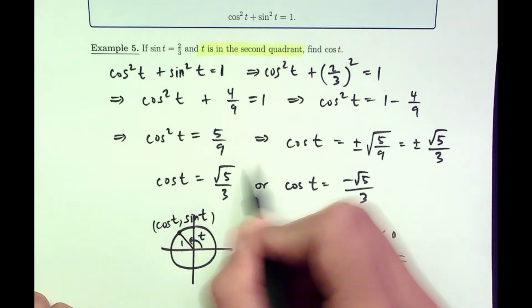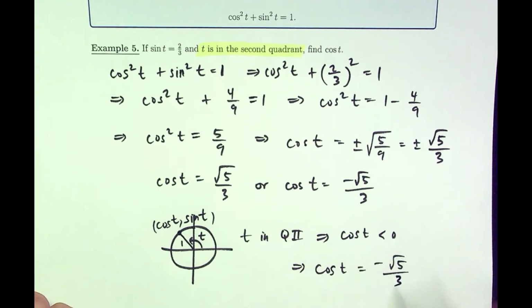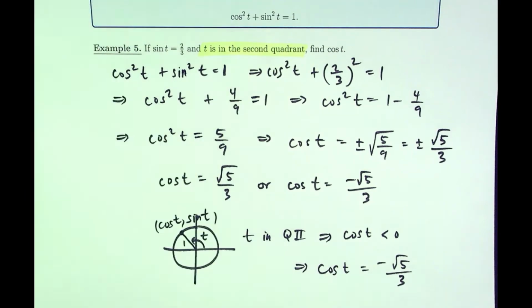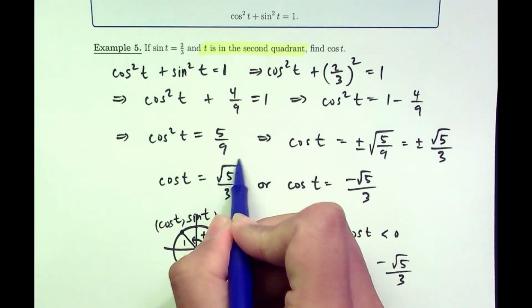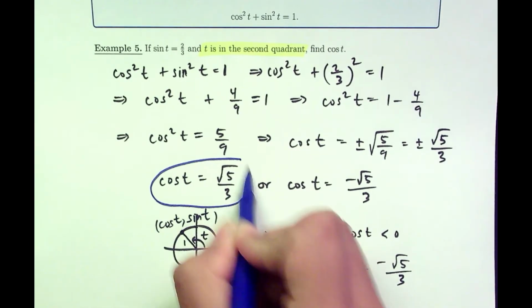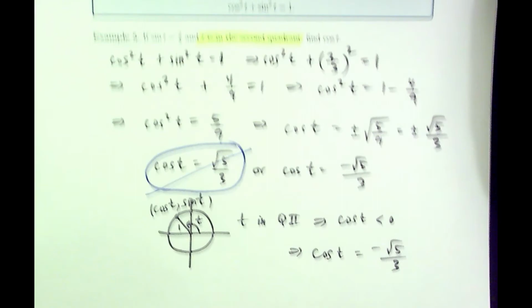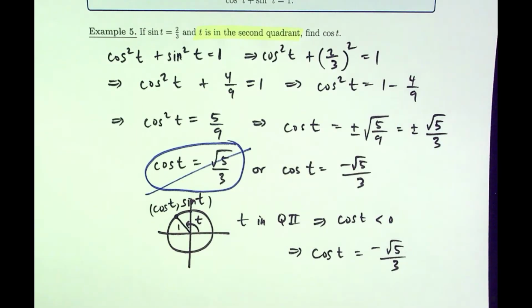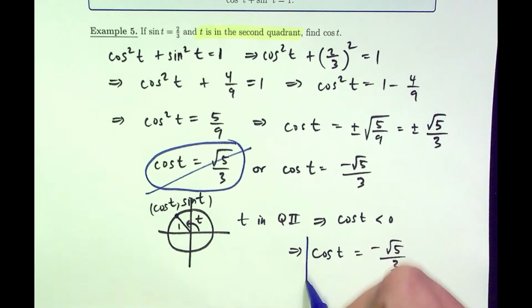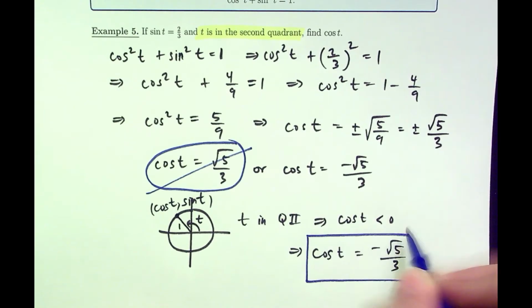So this one is discarded. That one cannot be, okay? Cannot be because the cosine is negative because the angle is in the second quadrant. So the answer is cosine of t has to be equal to negative square root of 5 over 3.